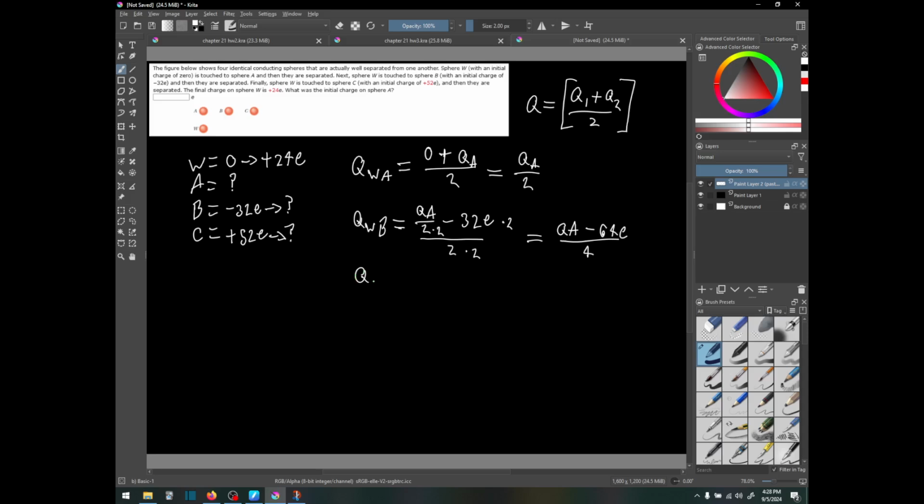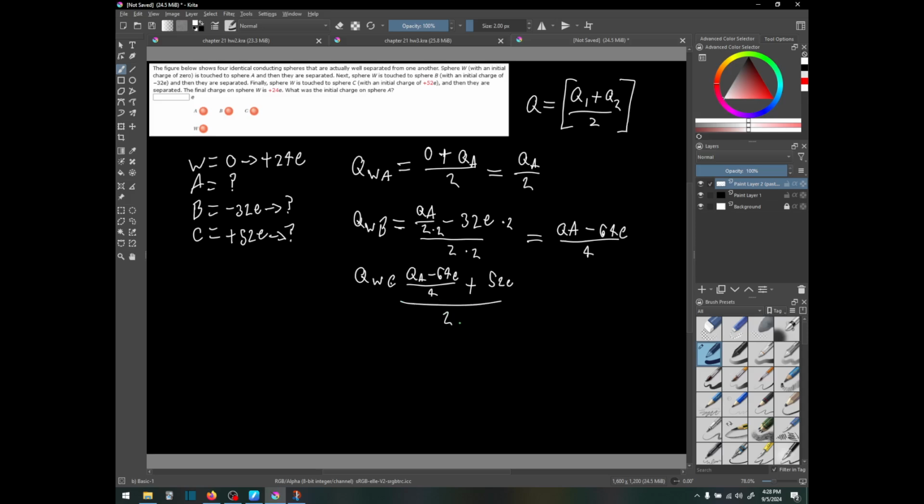And sphere W now finally touches C. So now we write QA minus 64E all over 4 plus 52E all over 2.